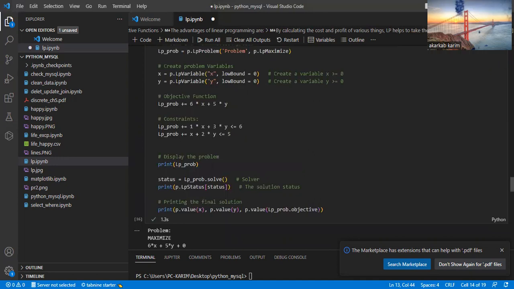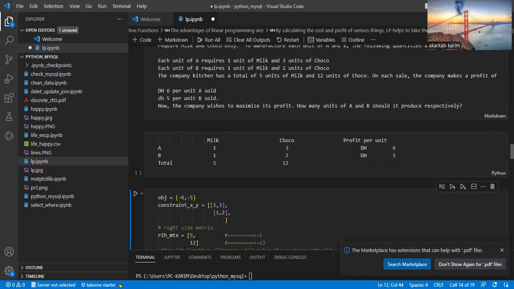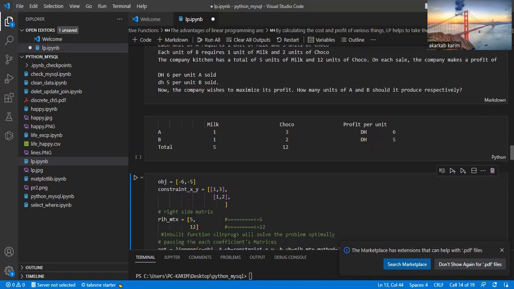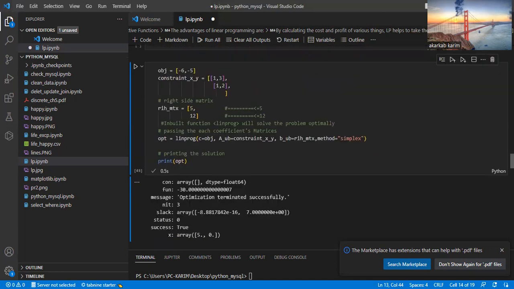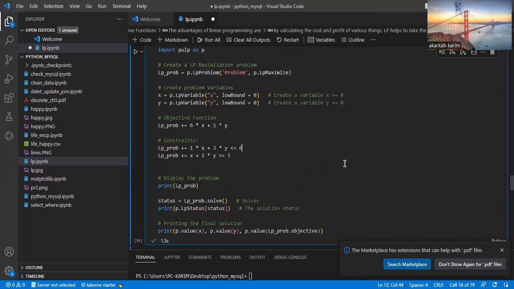So how much of... here we have 5 and we have 12 here.